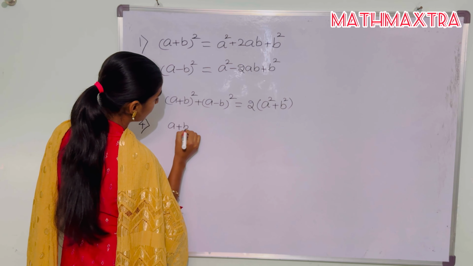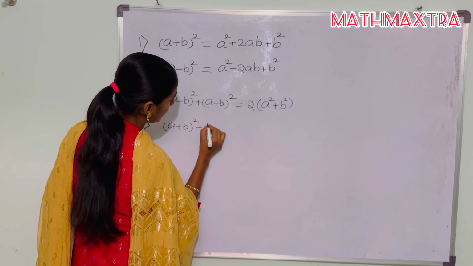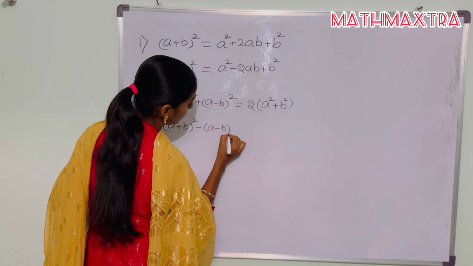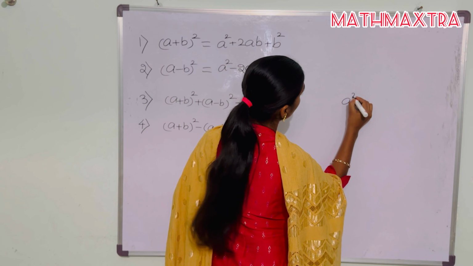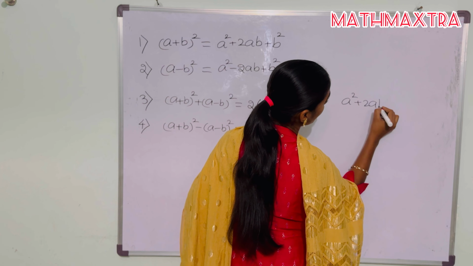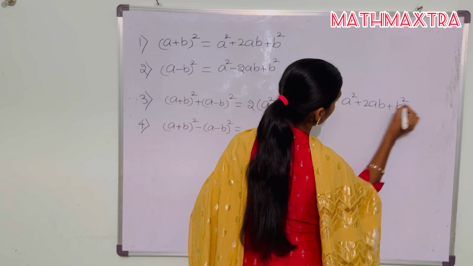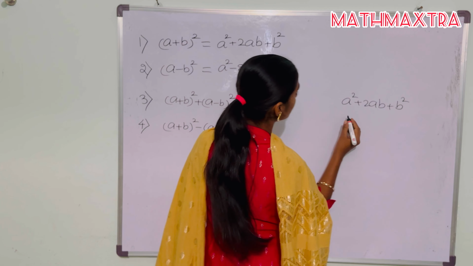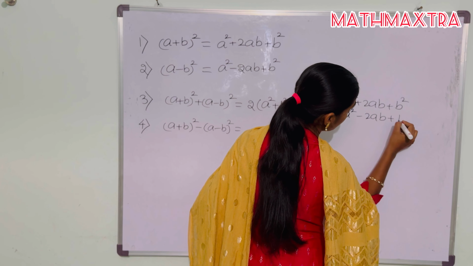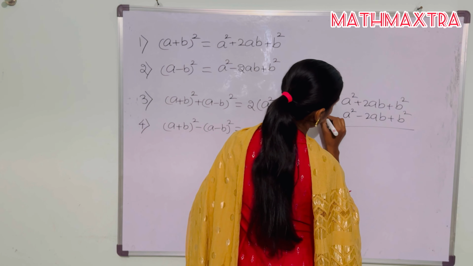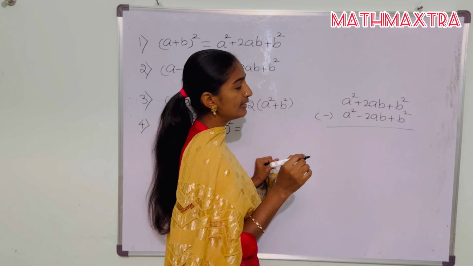And our fourth identity: if you subtract these two identities, what happens? (a + b) whole square minus (a - b) whole square. See, (a + b) whole square is a square plus 2ab plus b square. And what is (a - b) whole square? a square minus 2ab plus b square. You subtract these two identities.